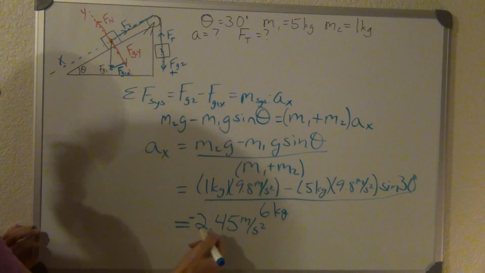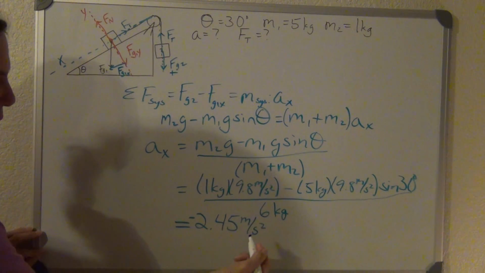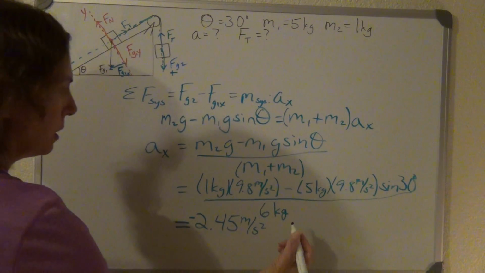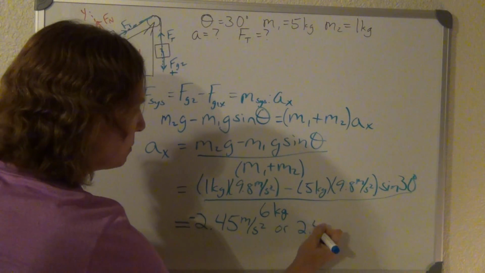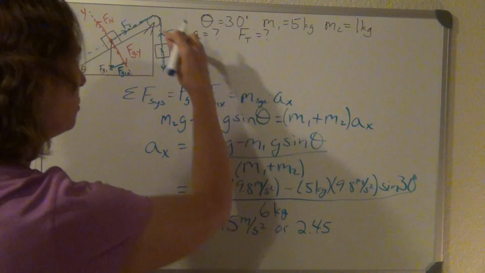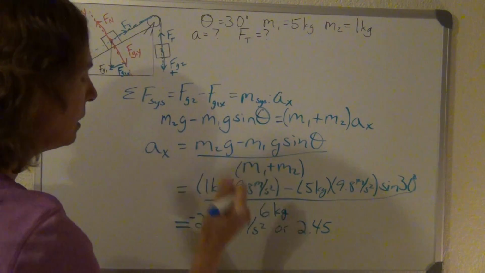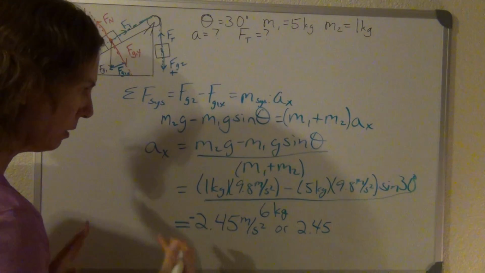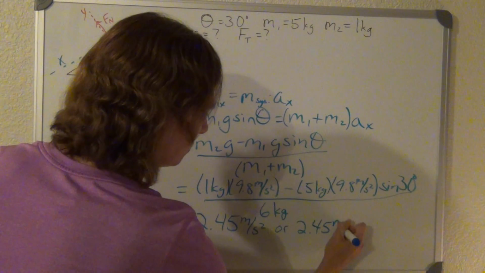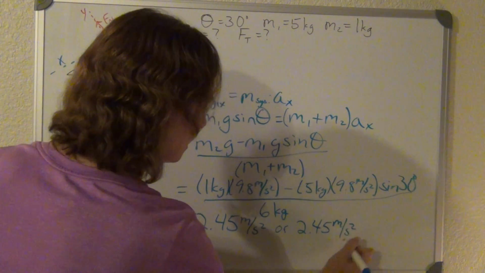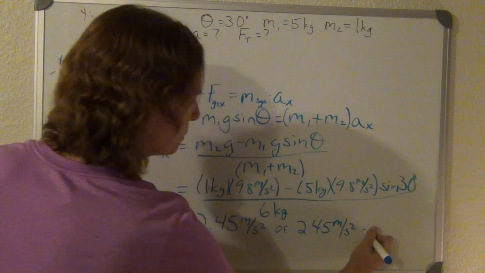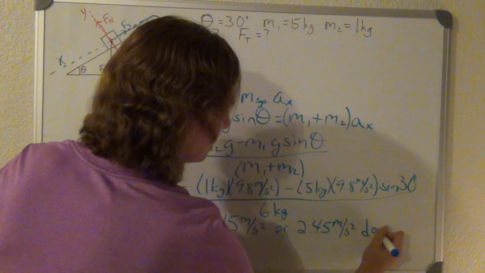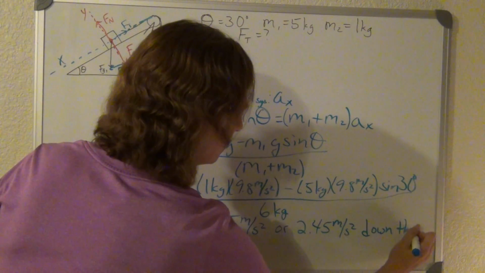So you could say negative 2.45 meters per second squared, but if you're going to answer it on an AP test, it's always best, even though you've shown how you assign direction up here, we all know how it is when they're grading things, or what if I'm grading things late at night and it's midnight and I'm not paying that close of attention. 2.45 meters per second squared down the ramp.